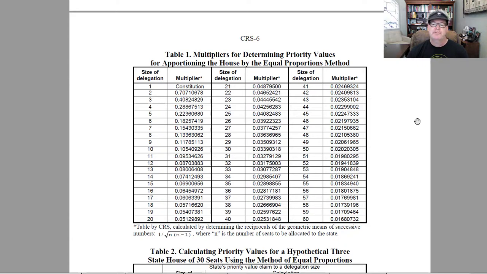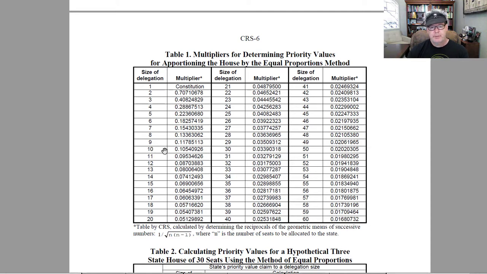So if a state currently has 10 seats, you would divide the state's population by the square root of 10 times 11. So you divide by the square root of 110.